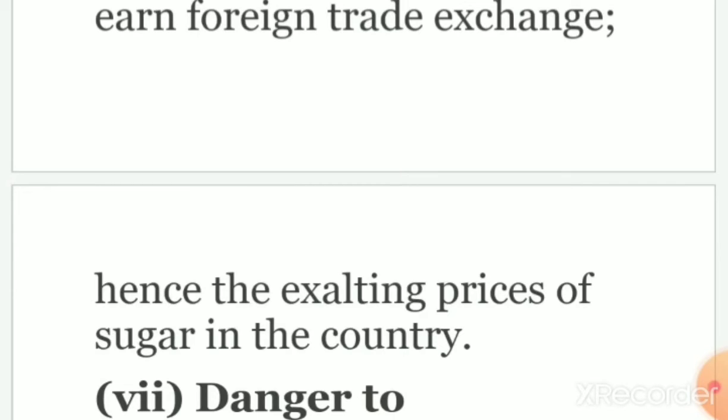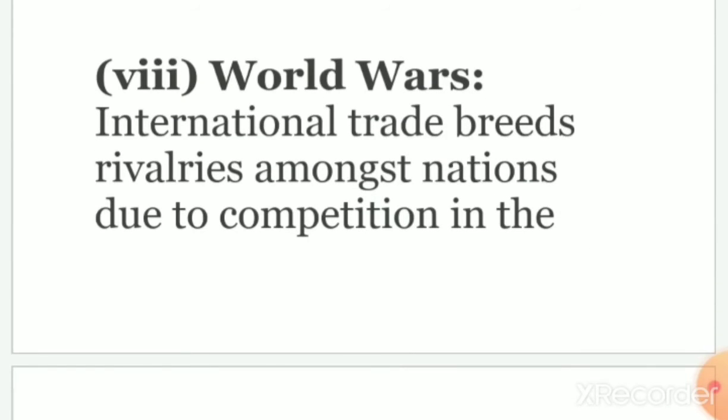Similarly, the seventh point is danger to international peace. International trade gives an opportunity to foreign agents to settle down in countries, which ultimately endangers international peace. So through international trade there is a negative effect, and we should be serious about it. The eighth point is world war.